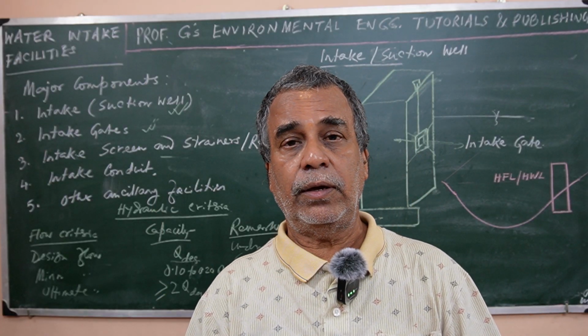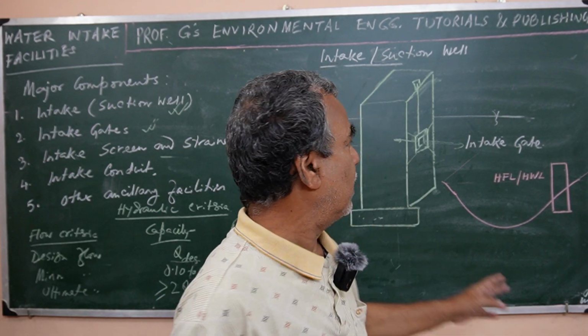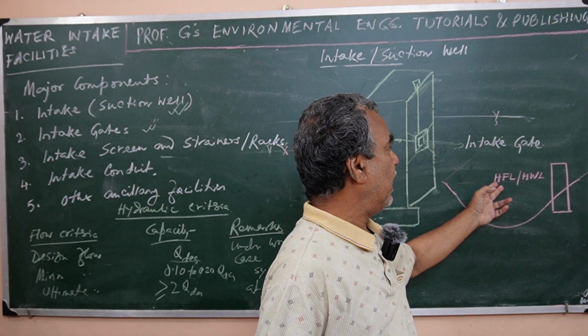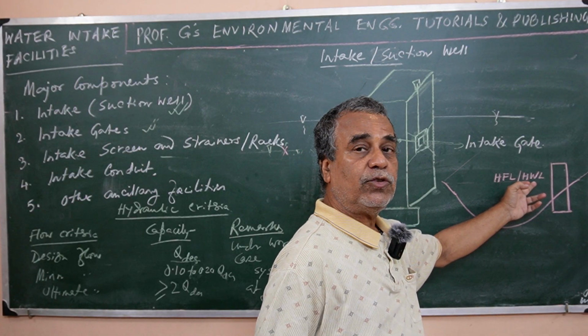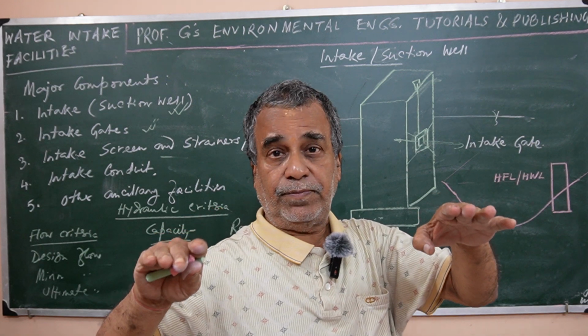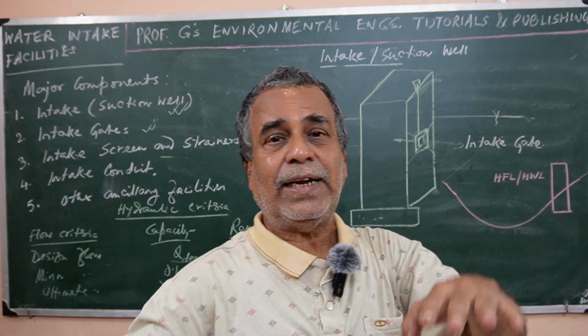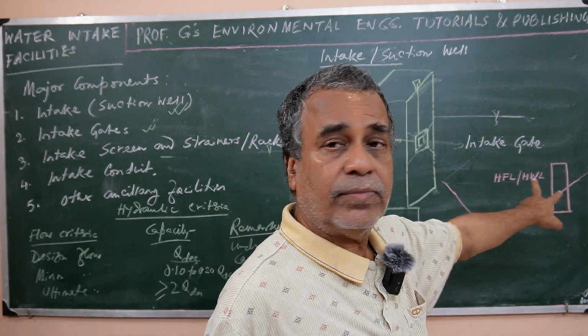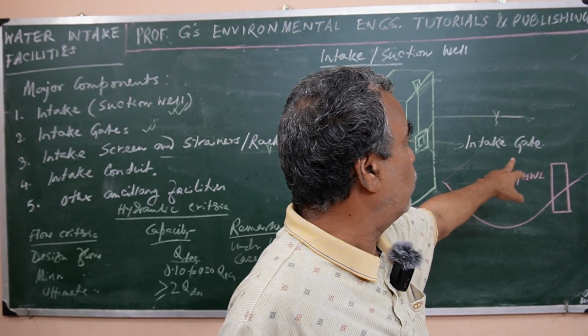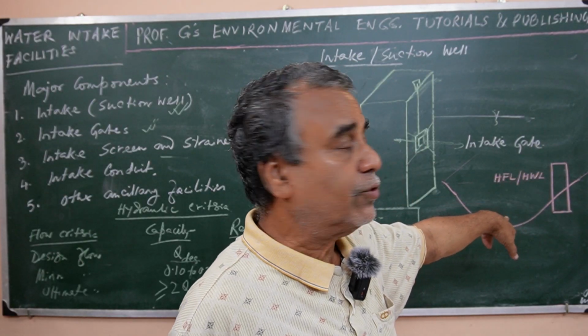Now this is considered as the highest flood level, and this is the highest water level in the river, right? So that is more or less the same. That is why I have used the oblique line also.